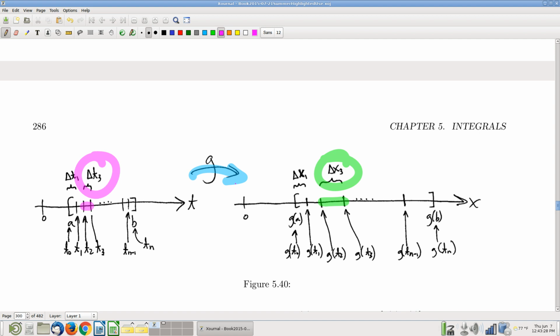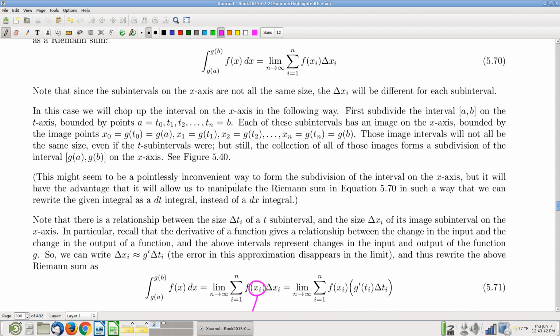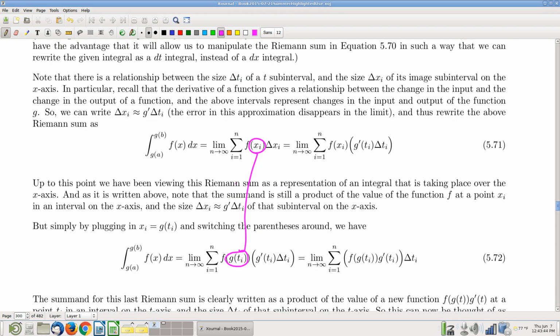The derivative. Right? That's exactly one of our interpretations of the derivative. So G prime is the factor by which that size is stretched out to become that size. So you'll notice we have here delta x is G prime delta t.